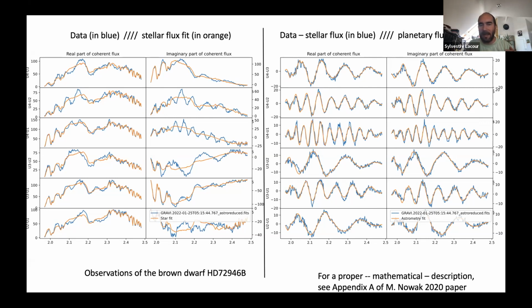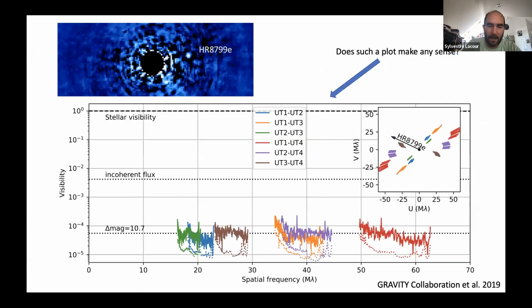And that's how we can get both a very precise spectrum, so the spectrum of the brown dwarf here is the amplitude of this coherent flux, and the astrometric position, which is the frequency of these wiggles here, which gives us an optical path difference.